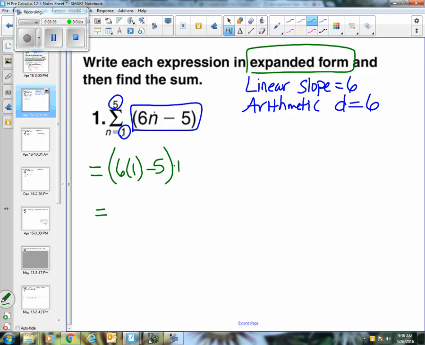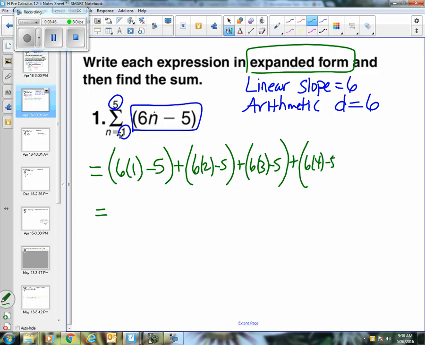And then how would I find A2? Well, 6 times 2 minus 5. Then A3, 6 times 3 minus 5. And A4, 6 times 4 minus 5. And then A5 would be 6 times 5 minus 5. I'm just finding the values in the series by substituting the term number into the expression, and then I can figure them out.